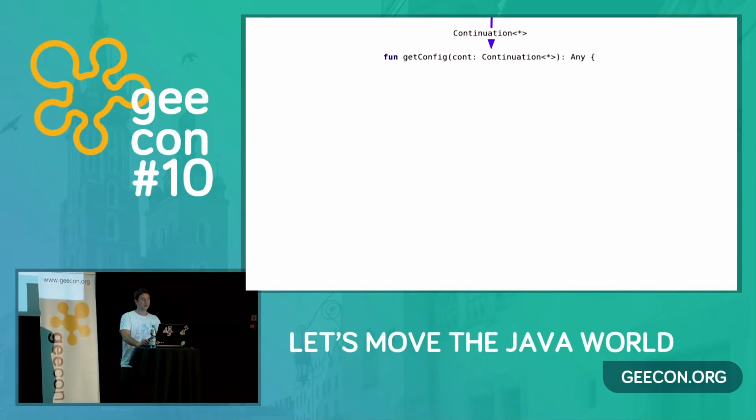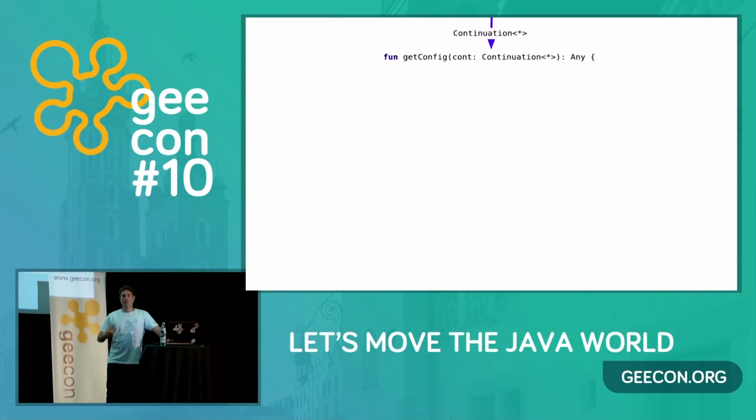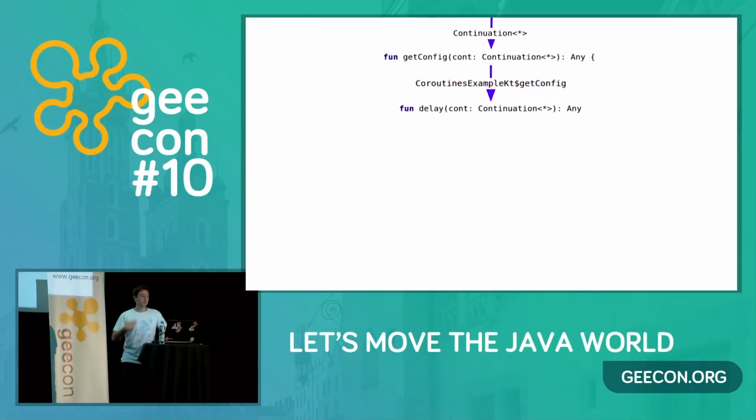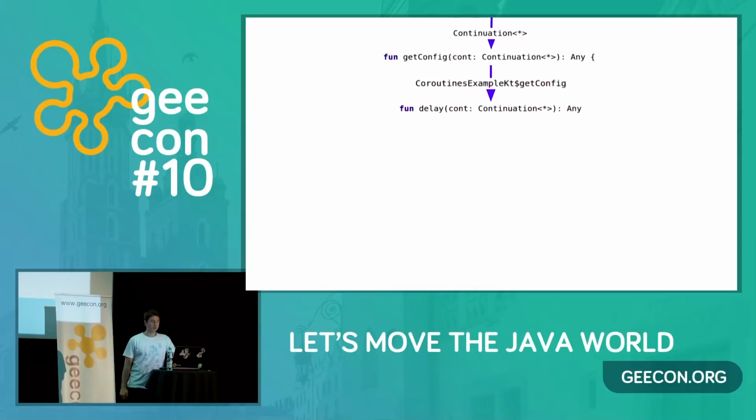You can visualize it this way. So first we have our getConfig started with some continuation passed. If we launch it with the launch coroutine builder, then this launch coroutine builder provides us this continuation. Our getConfig packs this continuation into CoroutinesExampleKt getConfig and starts delay with this continuation as an argument.